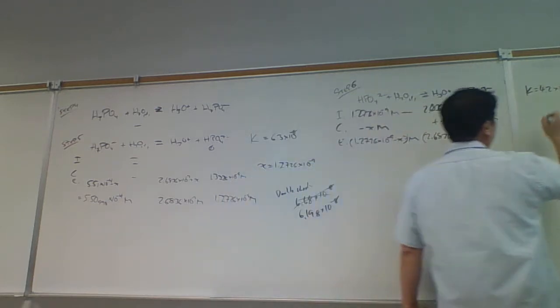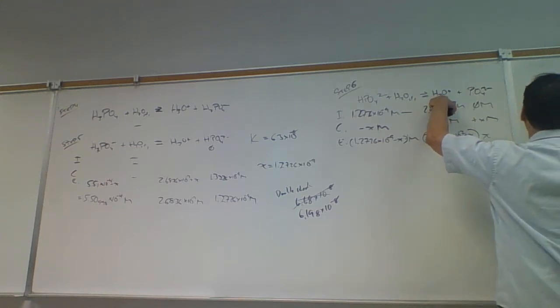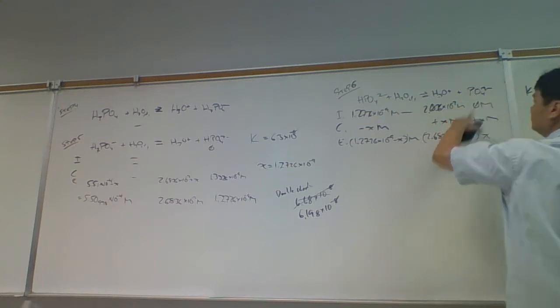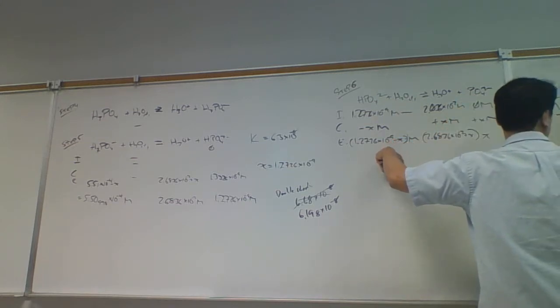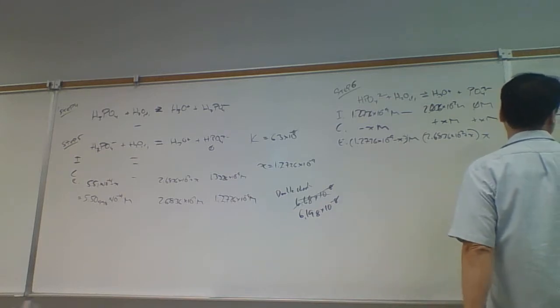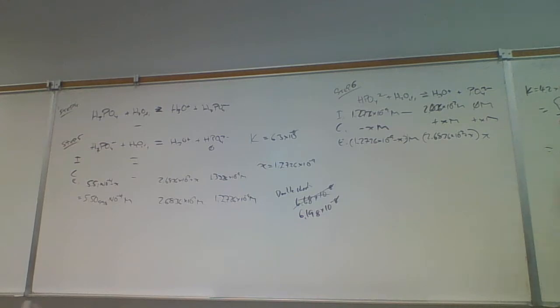Anyway, we've got to solve this for X. So this is going to equal the hydronium total so far times the phosphate divided by the monohydrogen phosphate. It's going to come out 2.6836 times 10 to the minus 2 plus X times X divided by 1.2726 times 10 to the minus 9 minus X. What we'll do is I'll just do the simplifying assumption here.